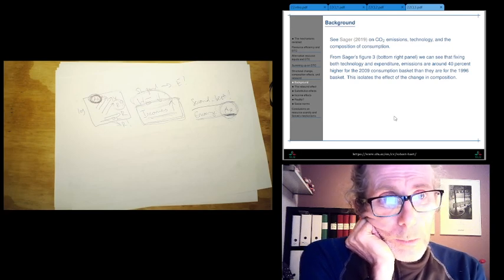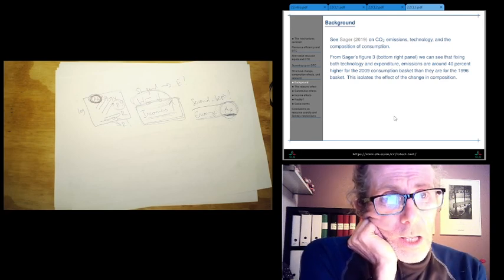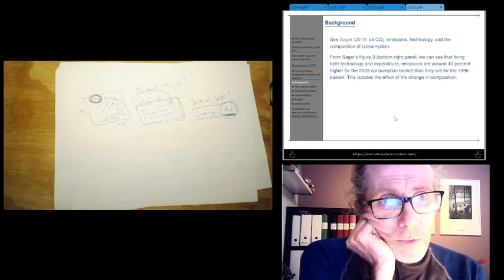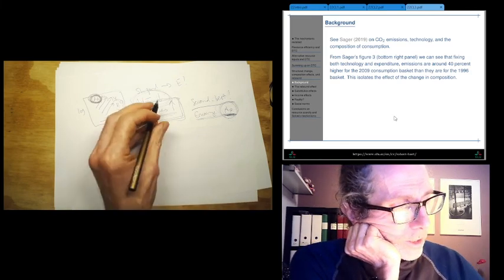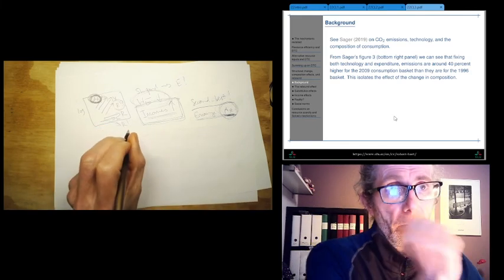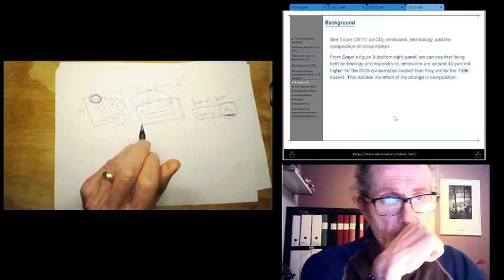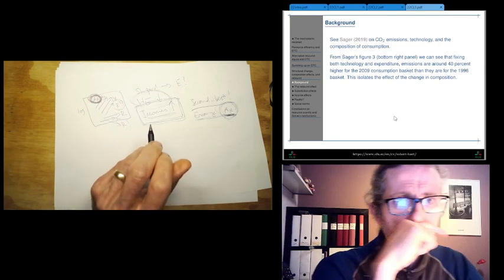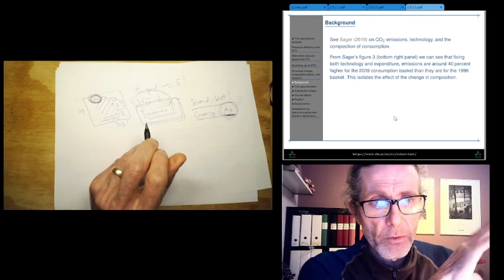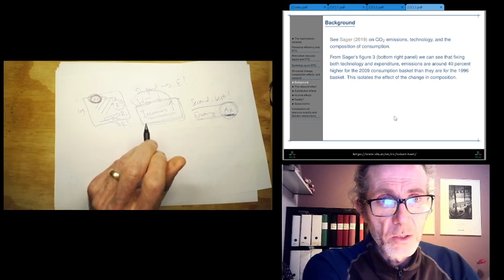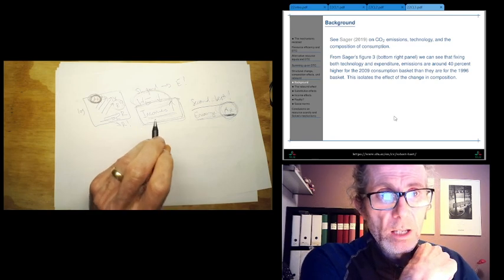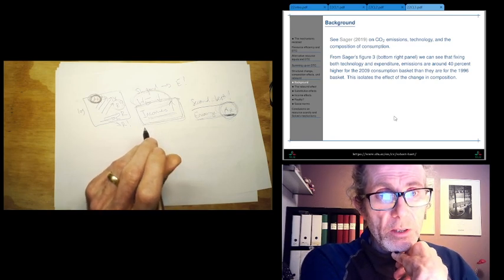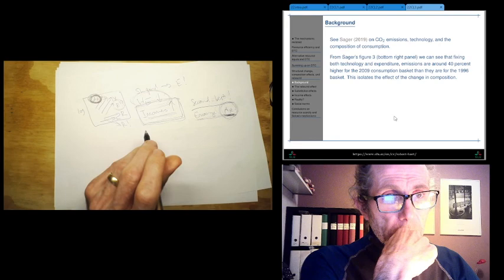This is telling us something new. If we fix both technology and expenditure, so if we look at a particular household that across the period is spending the same amount on an annual basis, then the 2009 consumption basket of that household is 40% more emissions intensive than the 1996 basket.